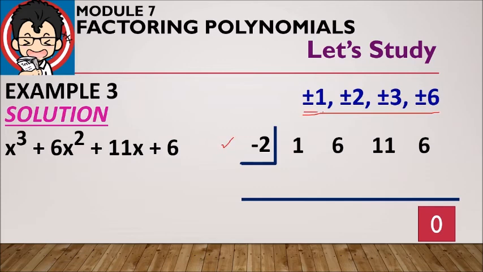Okay, so alam nyo na ha, in identifying or in listing down the possible solutions, we use the rational root theorem. So here, in this example, I already decided to test negative 2 kung magsisiro ba siya. Okay? Kung lalabas ba na yung x plus 2 is a factor. So, tignan natin.